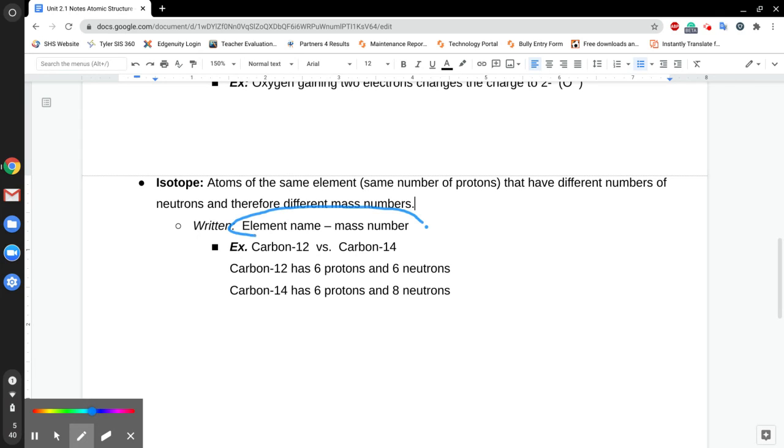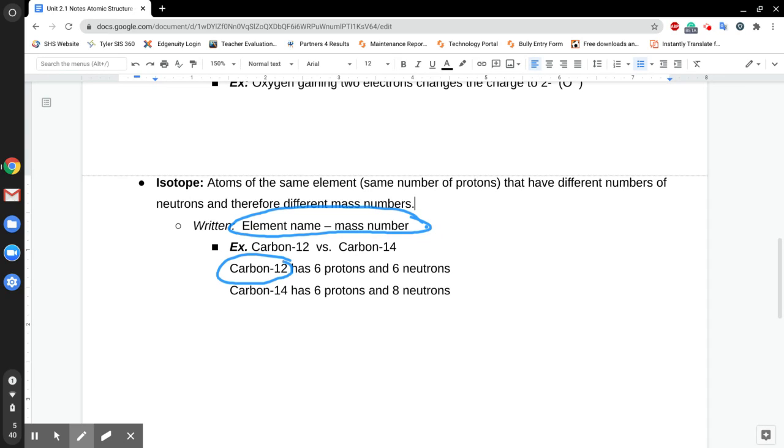This is how we can do it without using a complete chemical symbol. We have a written isotope form of telling people what we're working with. So we'll have the element's name, dash, mass number. For instance, carbon 12 here.